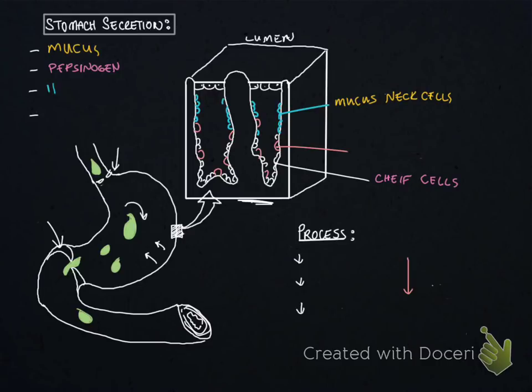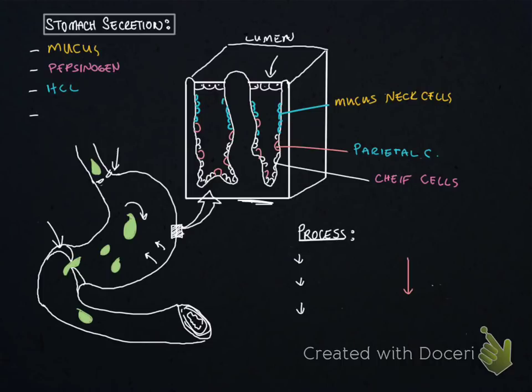We have hydrochloric acid that comes from the parietal cells. And then we also have these epithelial cells that line the lumen of the stomach.